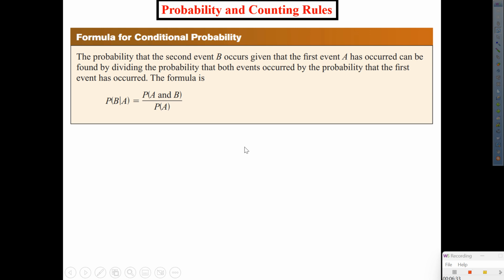So we have P of B given A is equal to P of A and B over P of A. You don't need to copy all of it verbatim, just copy the formula. P of B given A is equal to P of A and B over P of A.